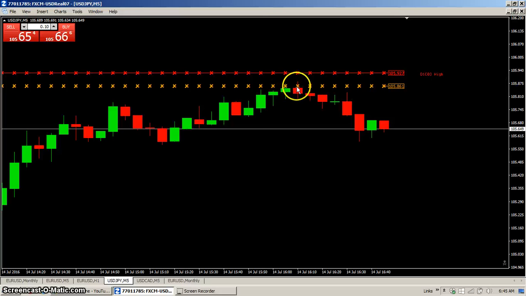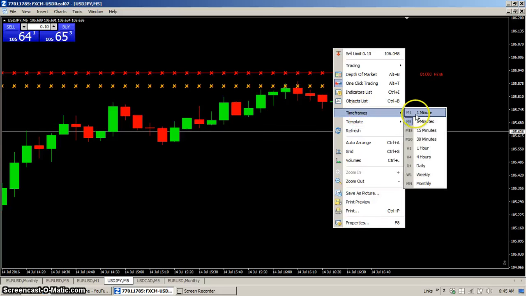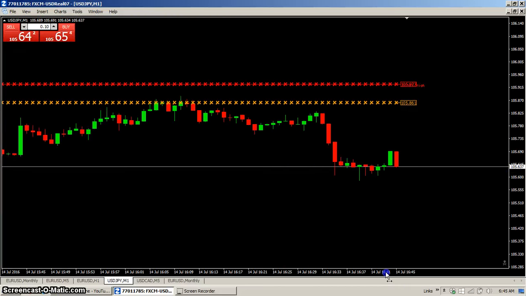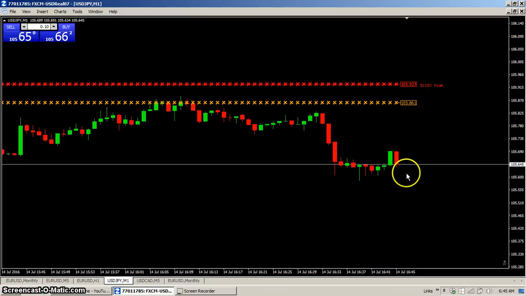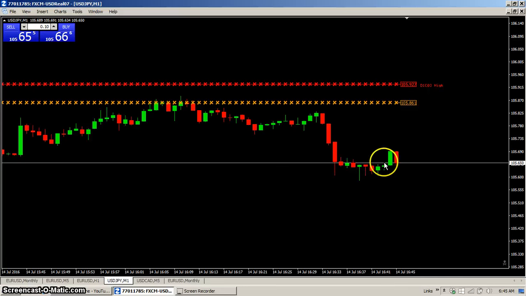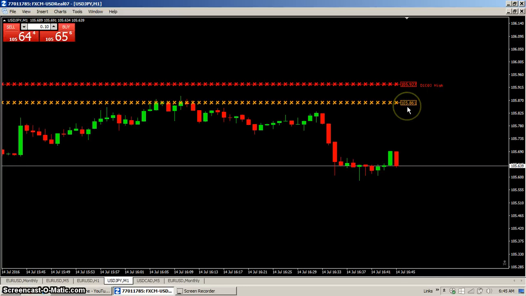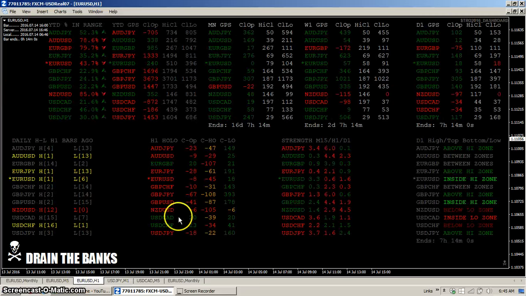You can see here it came up into it. Let's look at what it did on the M1 time frame. You see here it just touched it and then it came straight down. So you'd be up about 22 pips on that.